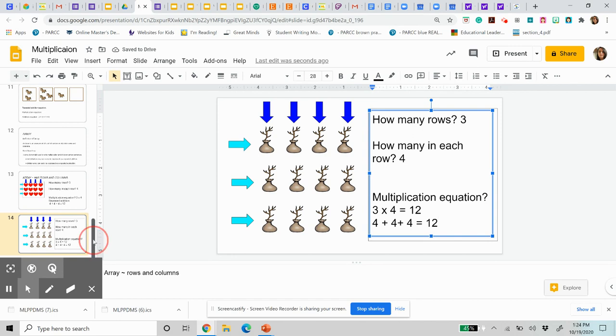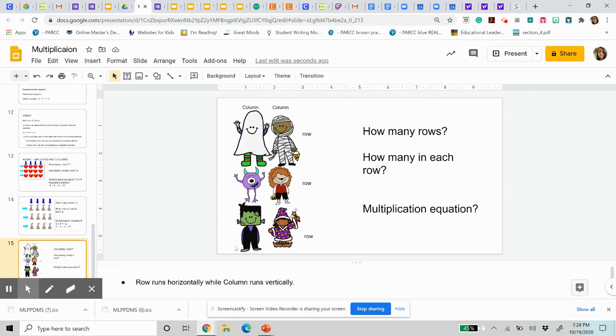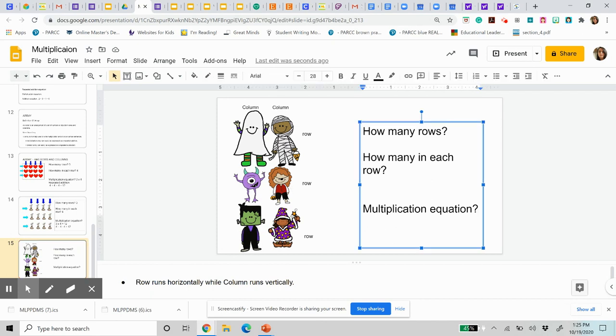And then our last one that I want to show you. The teacher told the kids to get into equal lines. These would be my columns, these would be my rows. I personally think it's easier to count rows, but some of you may say there are 2 columns and 3 in each one. I'm just going with rows right now. I have 1, 2, 3 rows. How many do I have in each row?